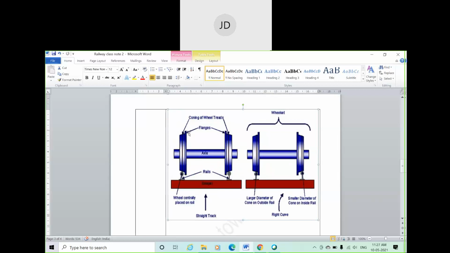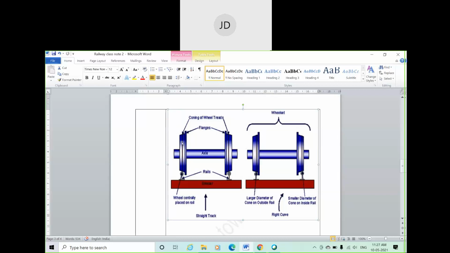This is your wheel, and the wheel has some parts. This part is called the flank, the inner part of the wheel. The circumference of the wheel, about which the rail moves, is called the wheel tread, or you can say rim, just like your car rim.